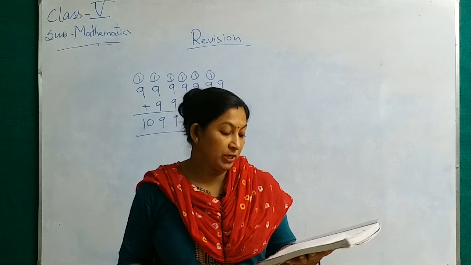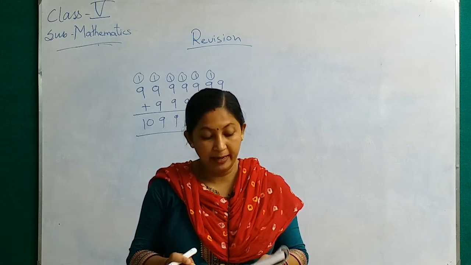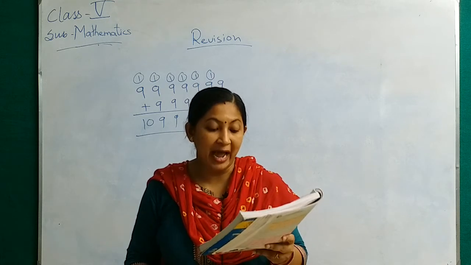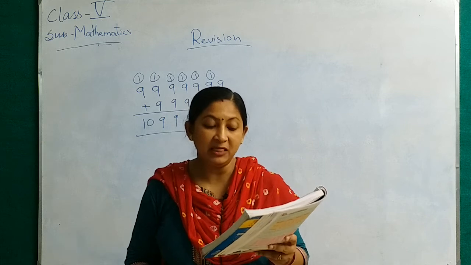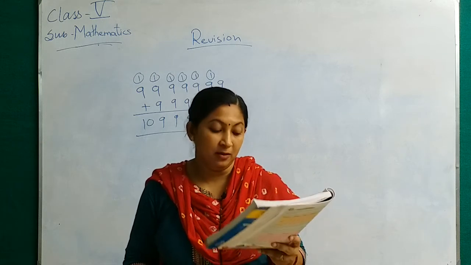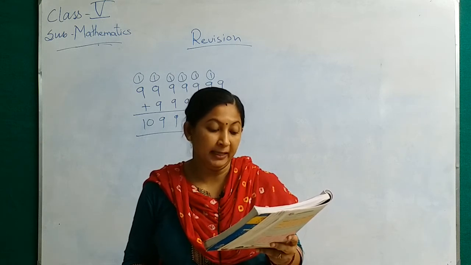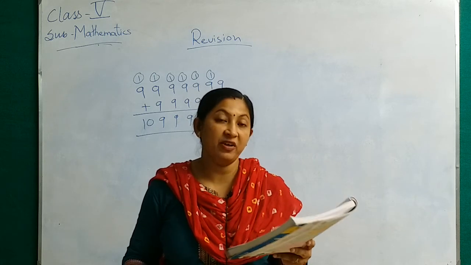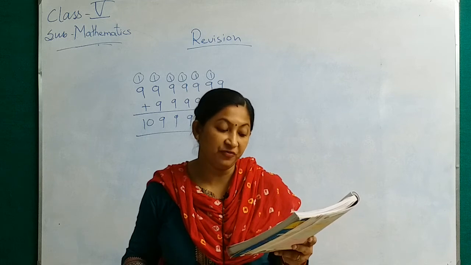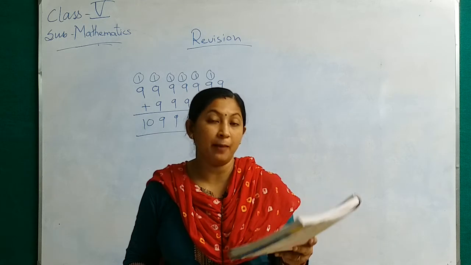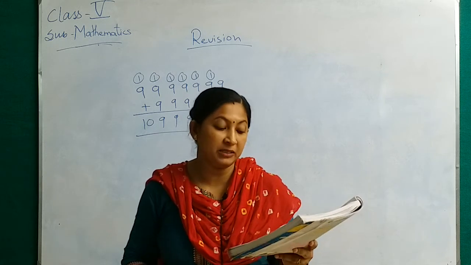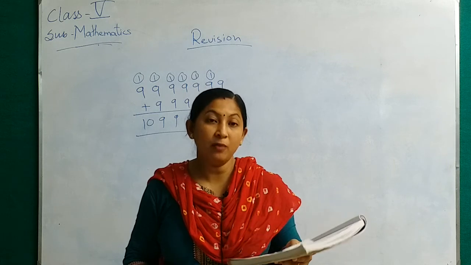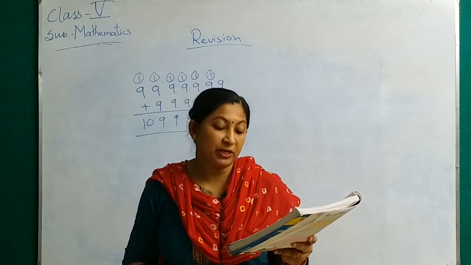Now come to question number 9. The numeral for 90 crore 9,000 is. So this is option C. It is given in words, you have to write in figures. So the answer is option C. Give a tick mark in option C. Now come to question number 10.